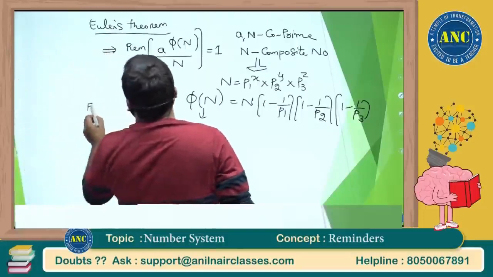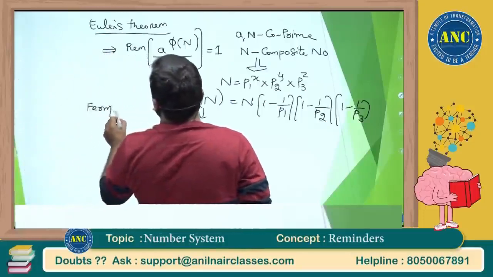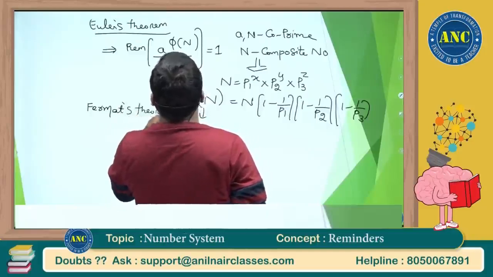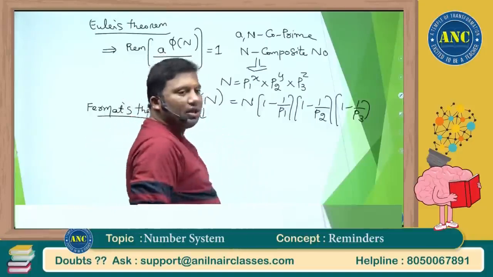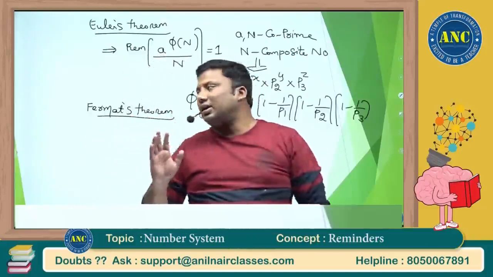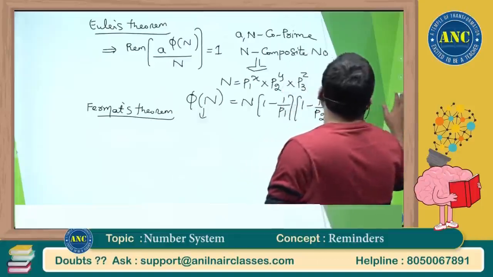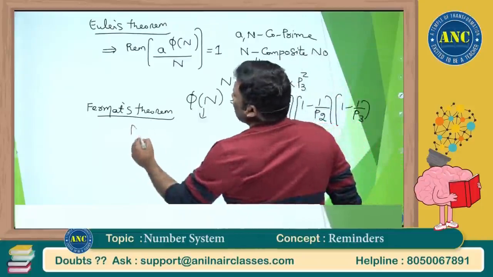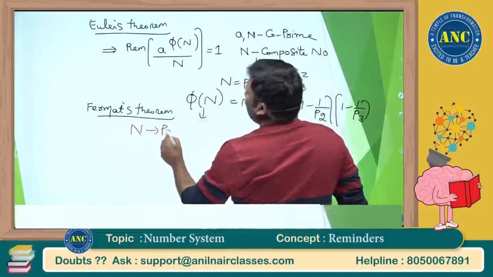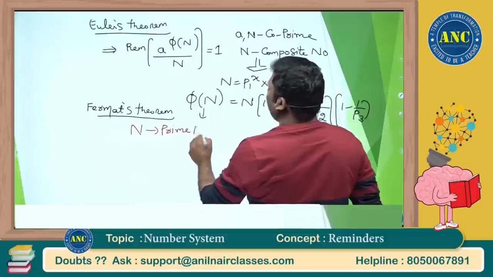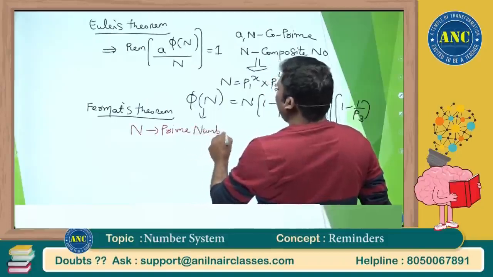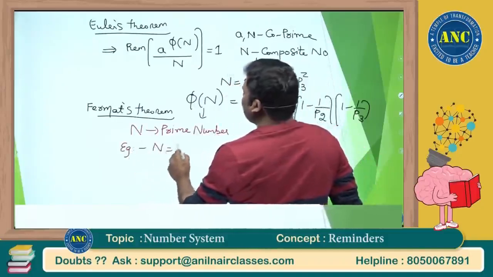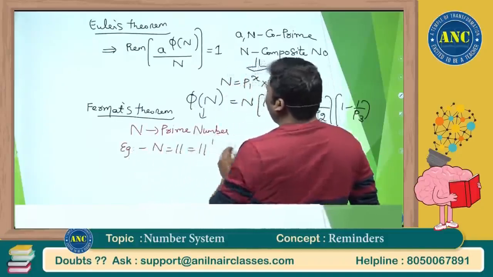Now we will take up Fermat's theorem. The difference between Fermat's theorem and Euler's theorem is that Fermat's theorem is used when the denominator is a prime number, and Euler's theorem is used when the denominator is a composite number. If n is a prime number, say 11, this can be written only as 11 power 1.